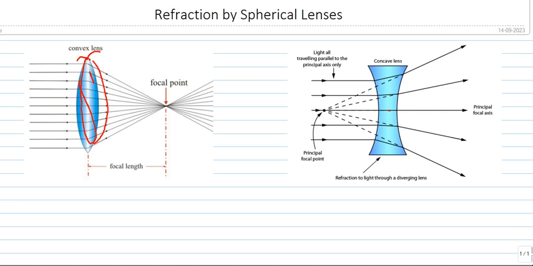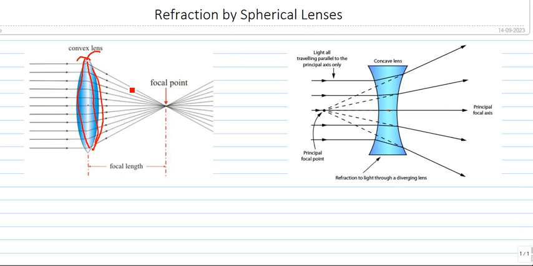This outline and this diameter will give you the aperture. I'll try to do it much clearer. The lens is here, and this diameter will give you the aperture of the lens.